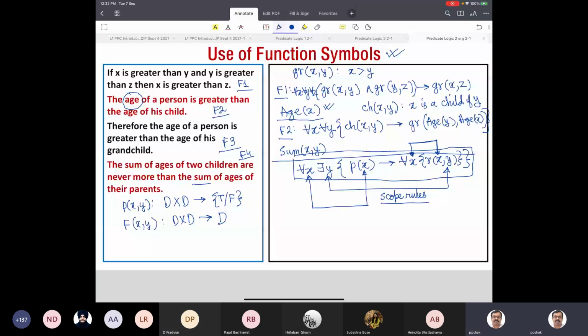Suppose I had written for all x, there exists y, P(x) implies for all x, R(x, y) implies W(x).